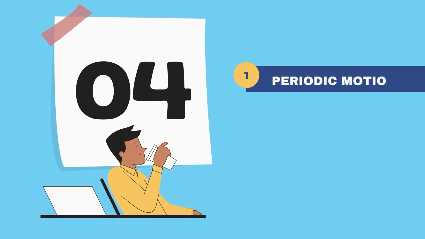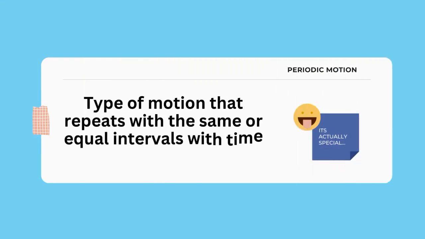Let's go to the fourth type of motion. The fourth type of motion we'll be looking at is periodic motion. Now, what is periodic motion? It's a type of motion that repeats in equal intervals of time.